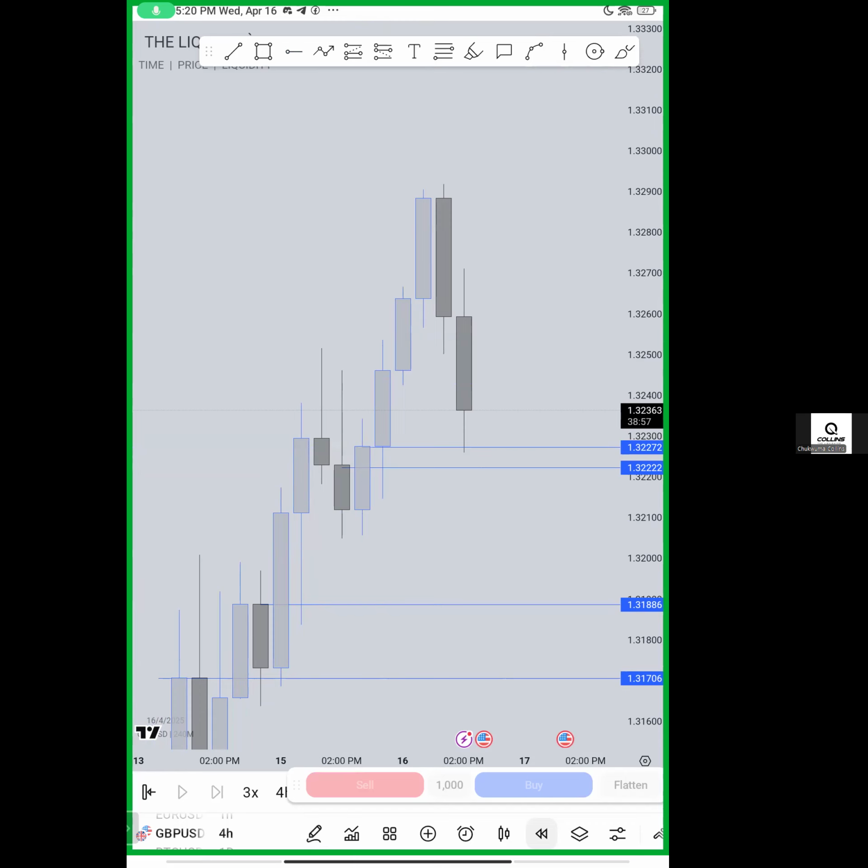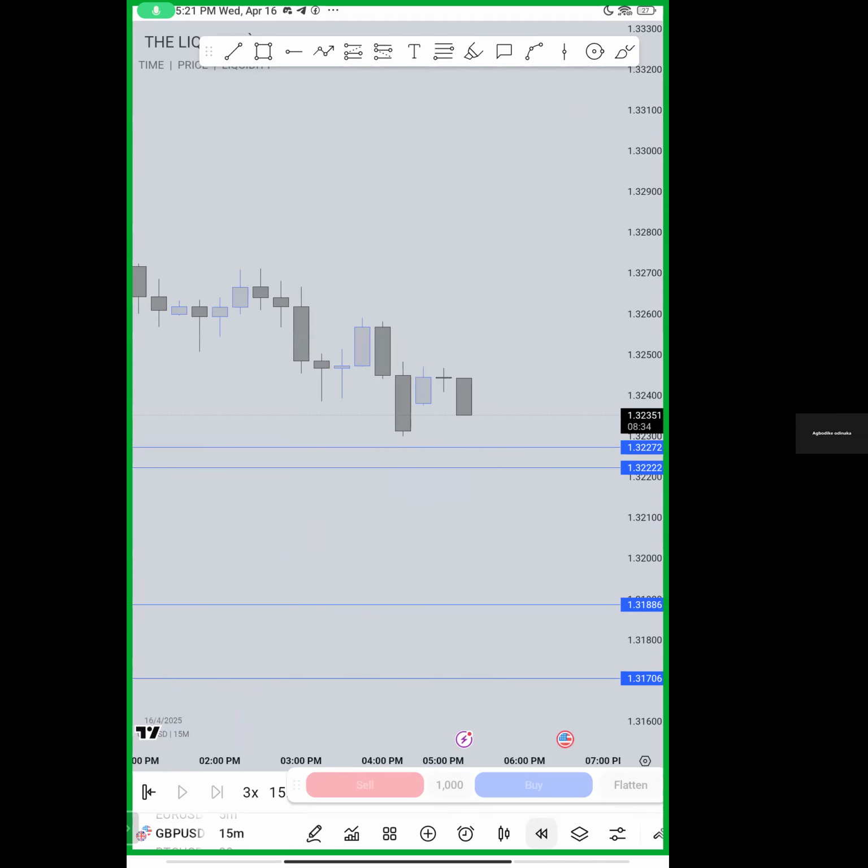So in a case that you don't see any range on the 4-hour time frame, you follow the order flow. You first understand how price has been respecting the POIs and where the new fresh level is going to be to take your trades. Do you understand? Yeah, I understand.